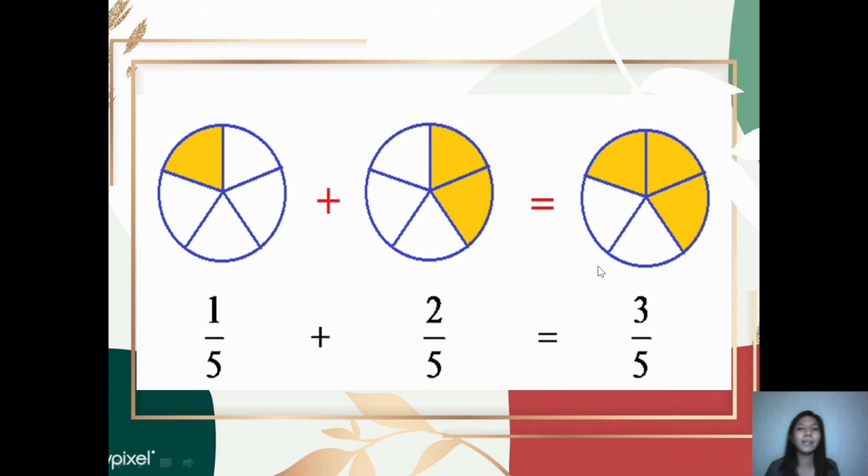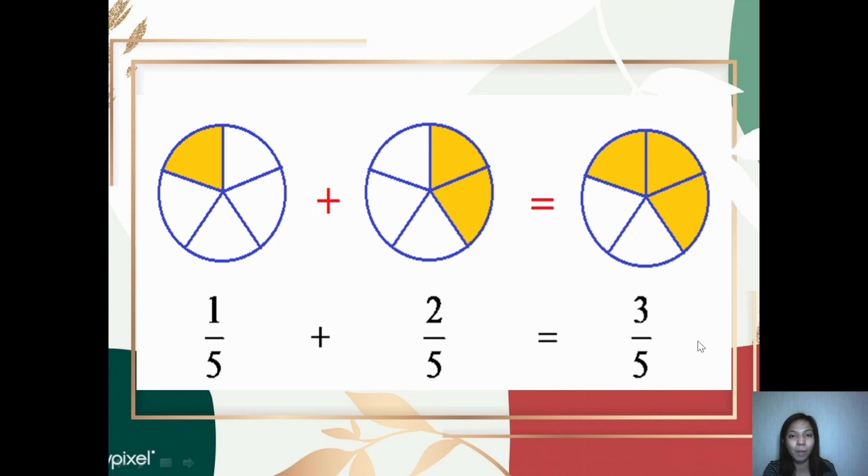In adding fractions, if it's the same denominator, just simply copy the denominator, then add the numerators. Alright? 1 plus 2 equals 3. So the answer here is 3/5. Understand? It's very easy. Just add the numerators if the denominator is the same. So 5 the same, 5 the same, right?